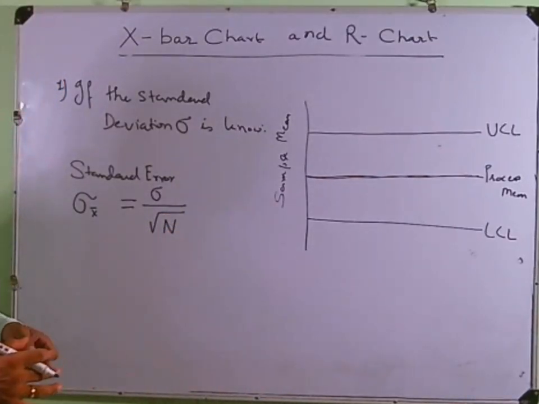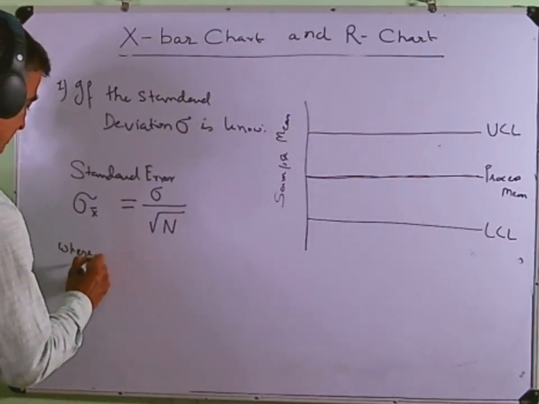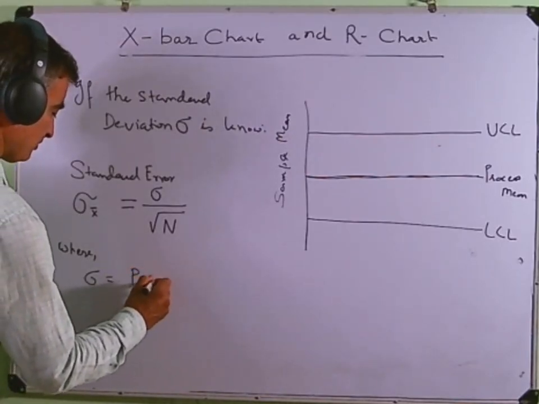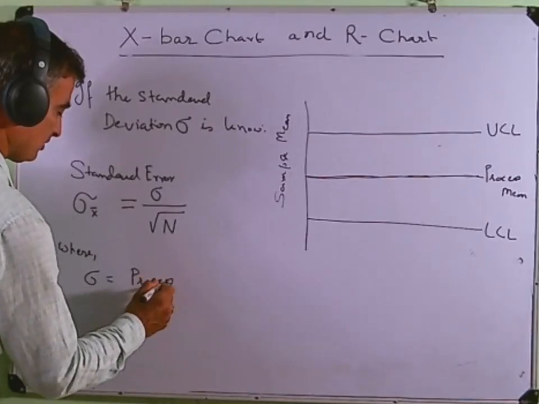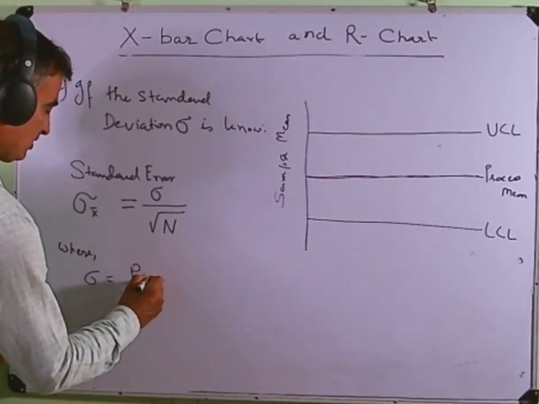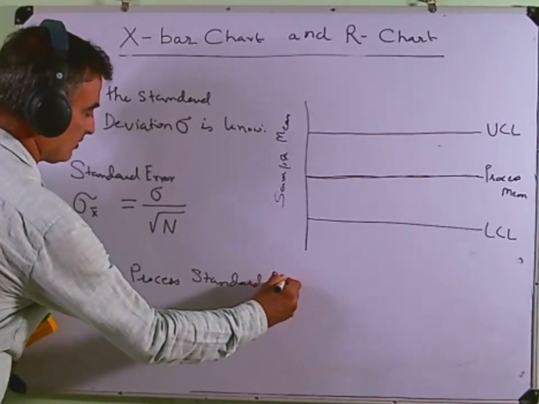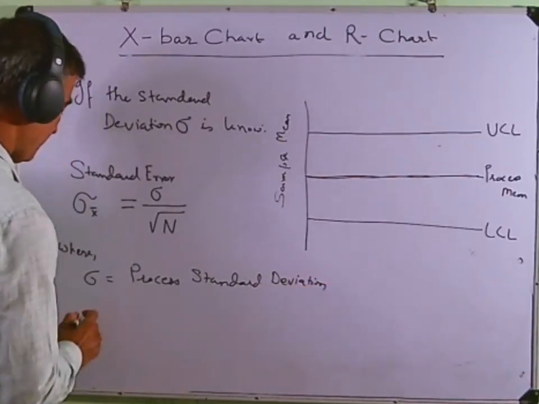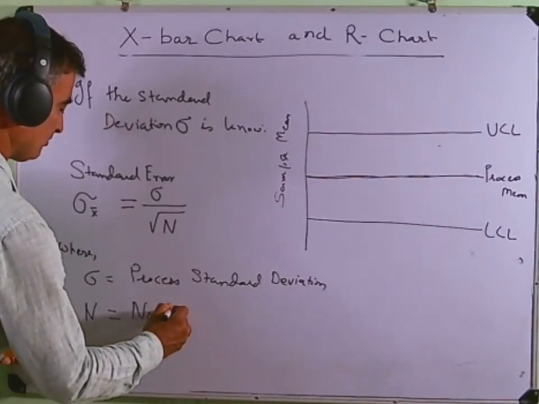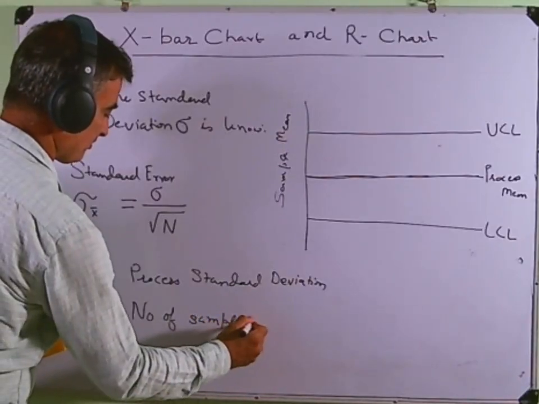Here, n is the number of samples that have been taken. So this one is the process standard deviation and n is the number of samples taken.